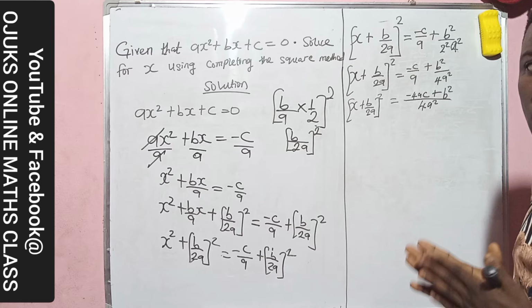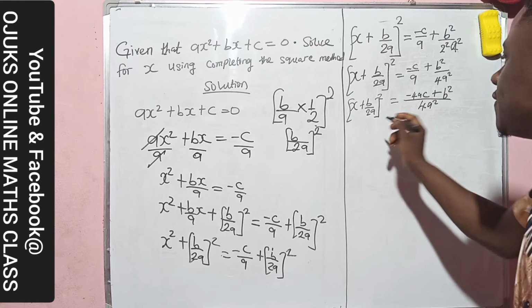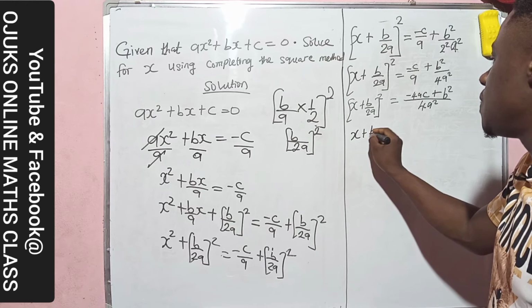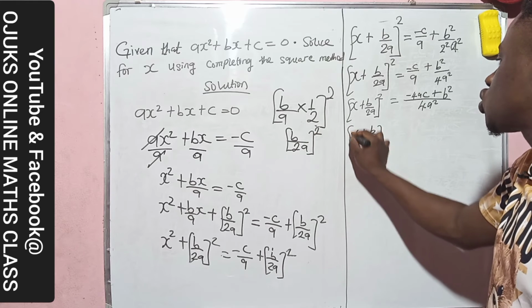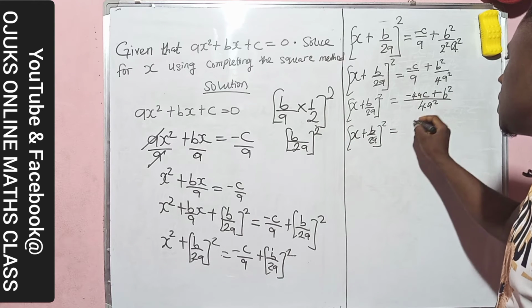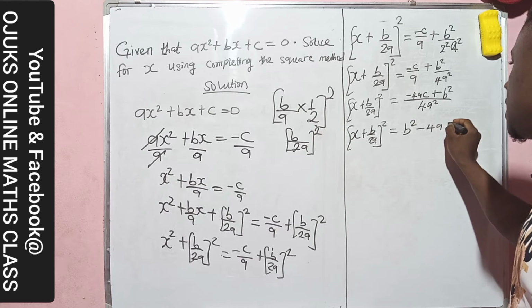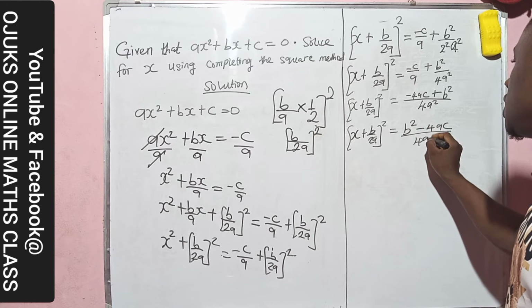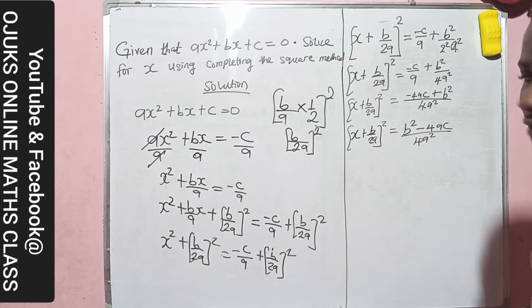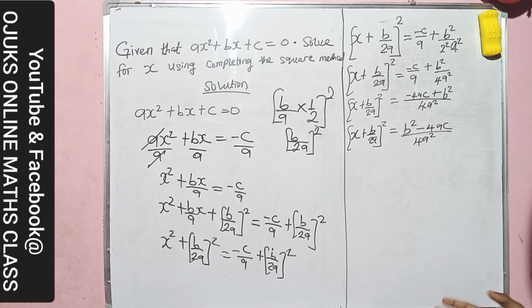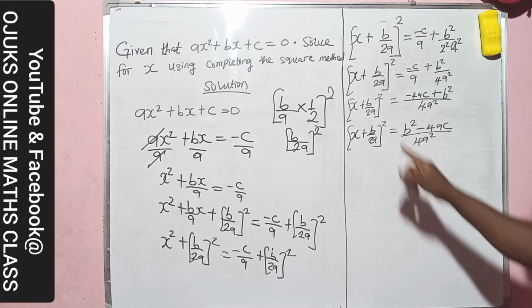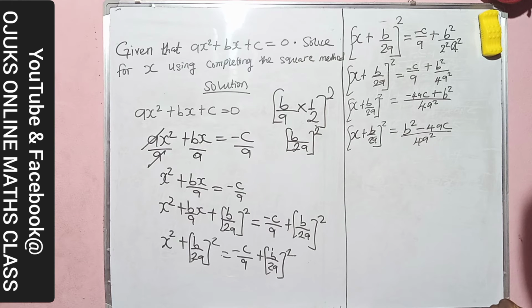So if we know the principle of commutativity, I can equally have this x plus b over 2a all squared is equal to, starting with b, b squared minus 4ac all over 4a squared. Both of them are the same. Nothing has changed. Now, I want to remove this square.